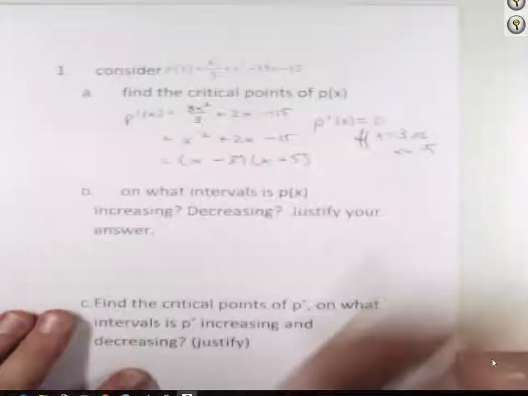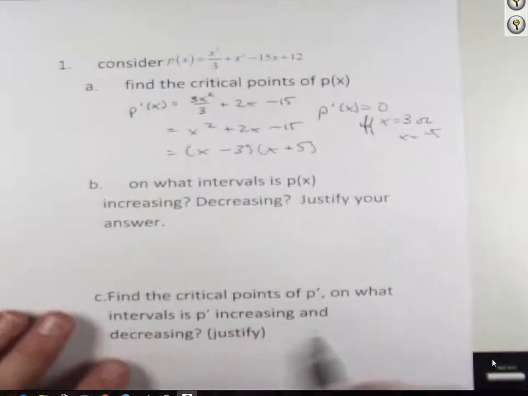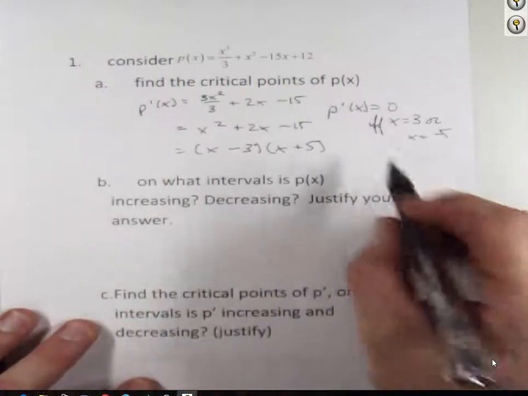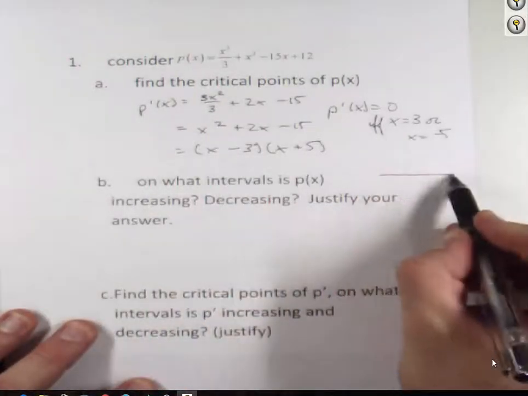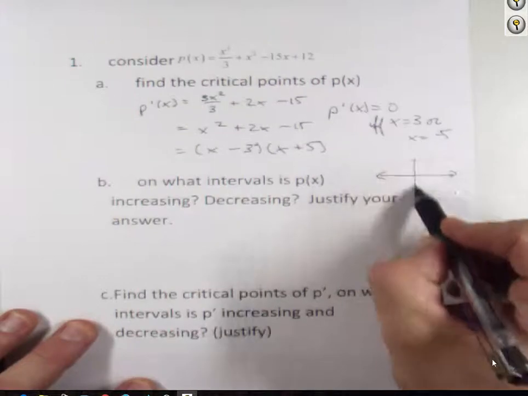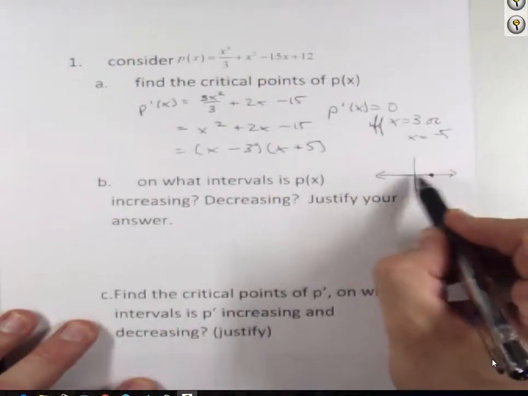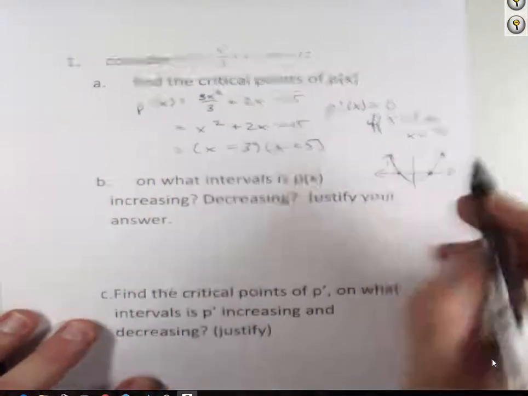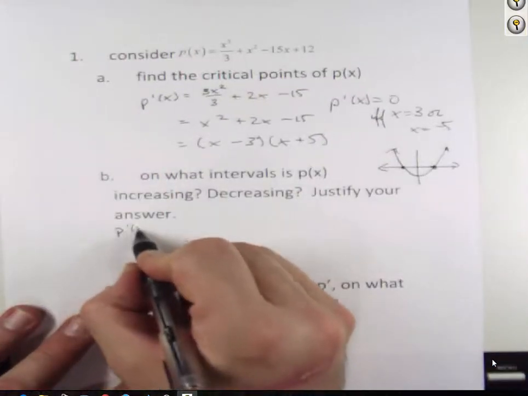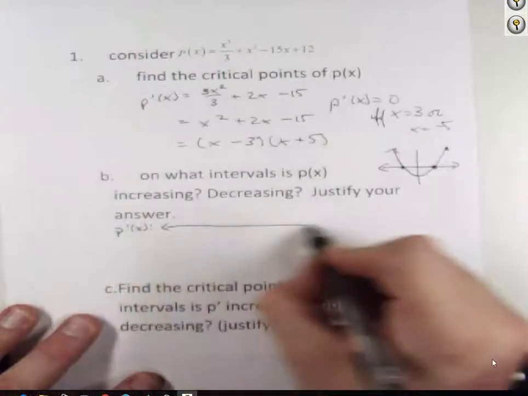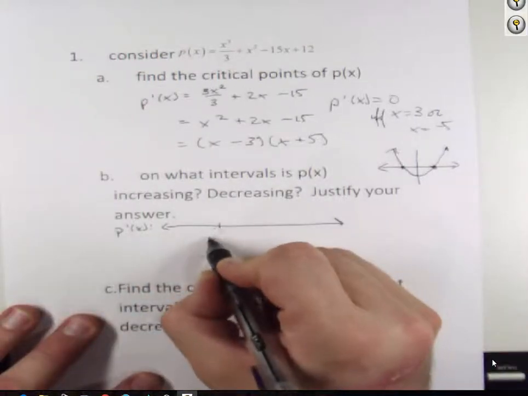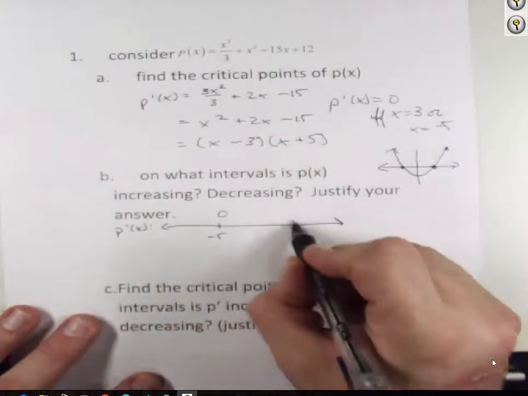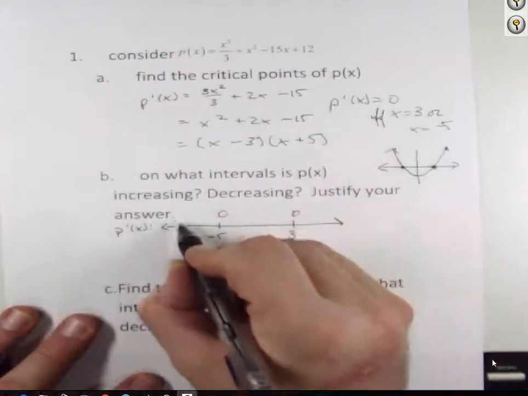Now, the way I see this polynomial, its zeros are at 3 and at negative 5, and it does this. So for P prime of x, I can quickly tell from Algebra 2; if I don't remember that, then I have to go test everything.